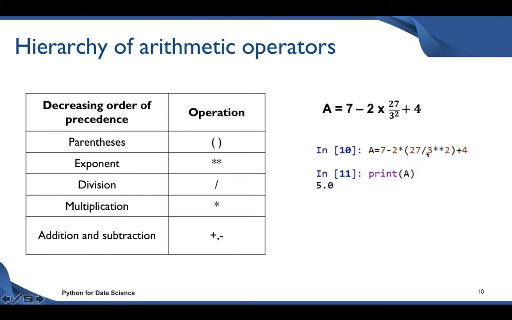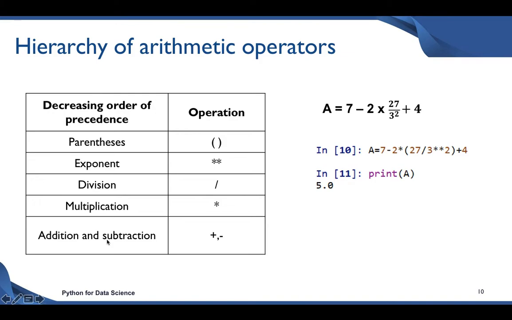Now this whole expression, whichever was in bracket, has been evaluated. Now we are left with 7 minus 2 into 3 plus 4. Out of multiplication, addition and subtraction, we will carry out the multiplication first. So 2 into 3 is 6, and we get 7 minus 6 plus 4.